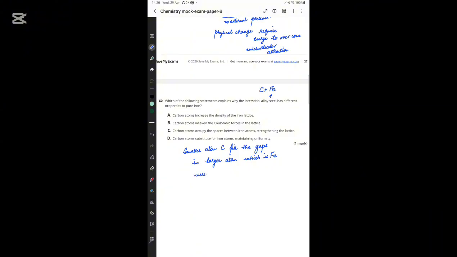It increases the strength and alters the mechanical properties, like providing it more strength as well. So the right option is going to be C, that carbon atoms occupy the space between iron atoms, strengthening the lattice structure.